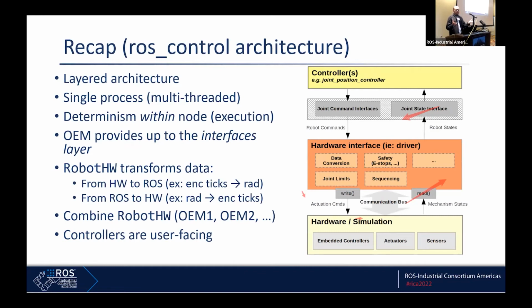Every ROS control driver is a single process, and multi-threading is mostly done to keep real-time and non-real-time contexts separate. Everything below the controllers is the hardware interface layer, which is designed and developed by the OEM vendors. A robot vendor will provide the hardware interface bits for a driver. It knows how to talk to the hardware directly.